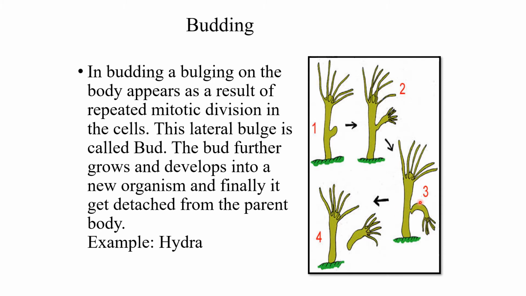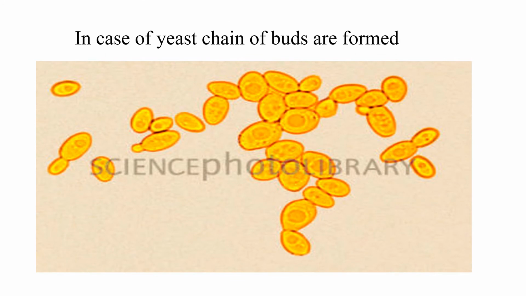Then it forms a mouth and tentacles. After a few days, it detaches from the mother and finally becomes a new individual. Best example of budding, Hydra. Yes, this is budding in yeast. A chain of buds is formed.